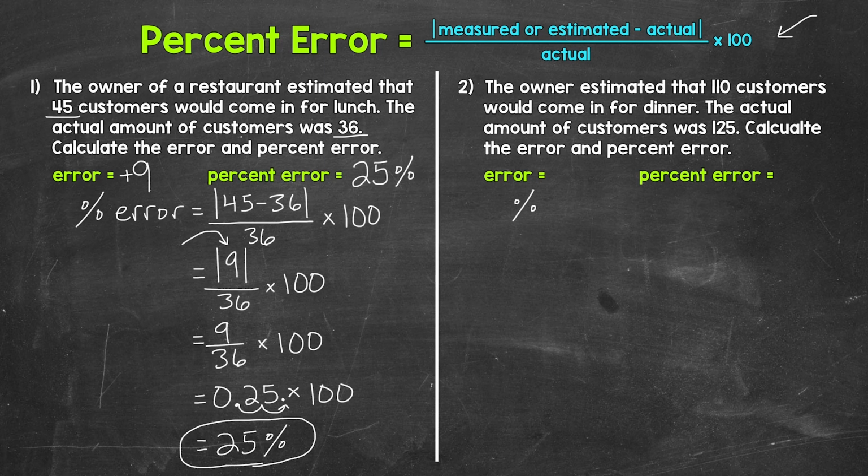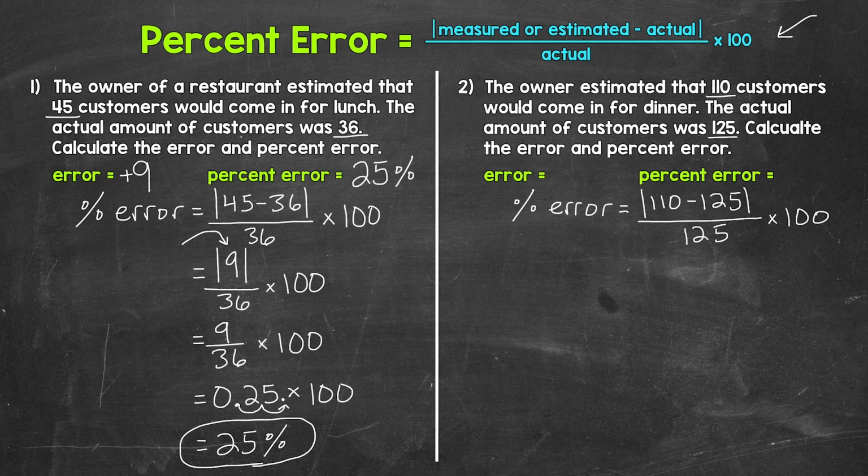We have percent error equals the absolute value of the estimated value, that's 110, minus the actual value, that's 125, divided by the actual value, 125, times 100.